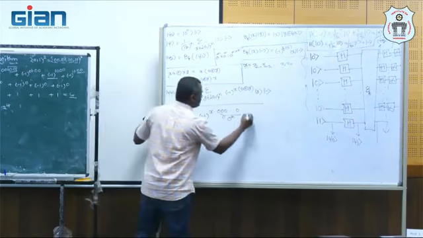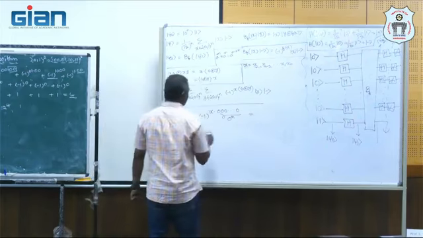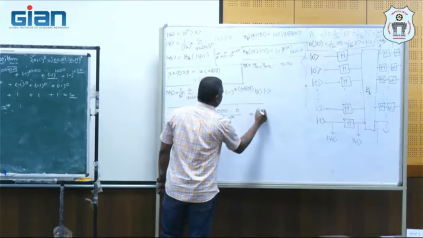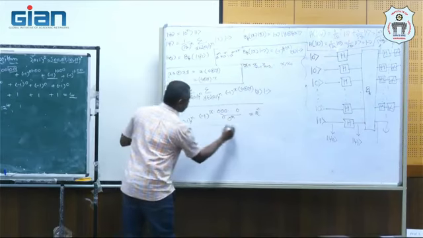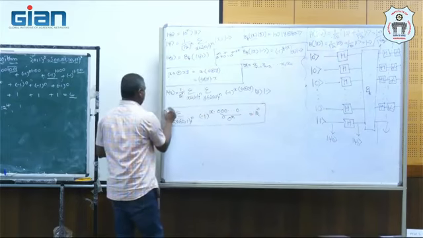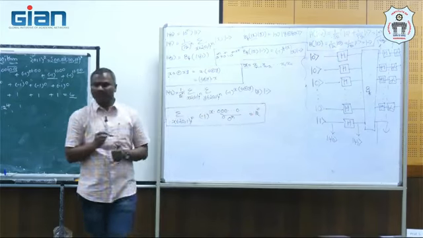The value is how much? 2 to the power n. Is that okay?